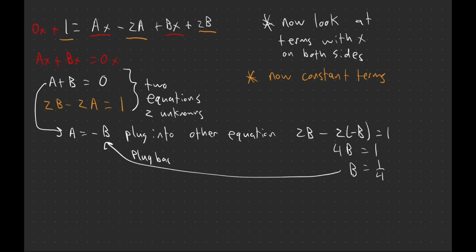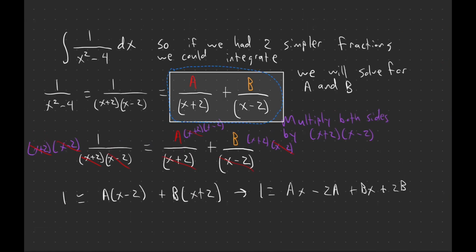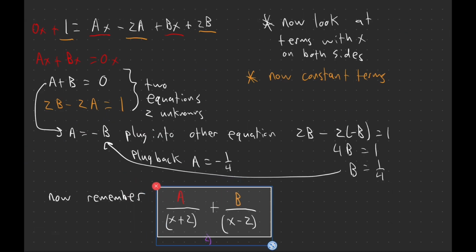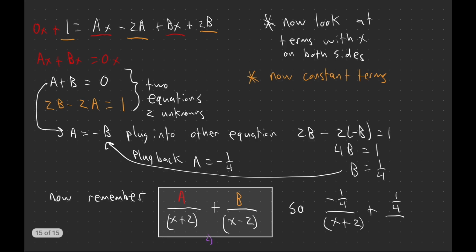And we can simply plug that back in to the original expression, and we get a is equal to negative 1/4. Now with a and b solved, we want to remember what our original fraction was with a and b. It was a over x plus 2 and b over x minus 2. So now we're going to plug in the negative 1/4 for a and the positive 1/4 for b.